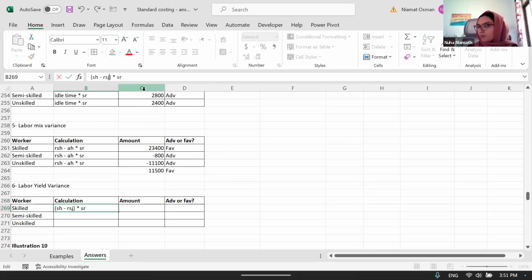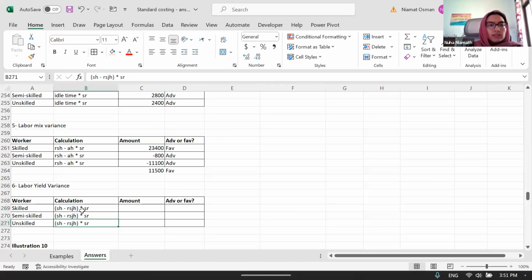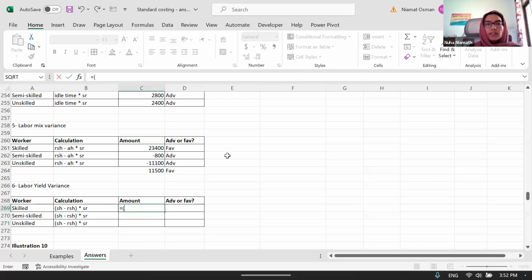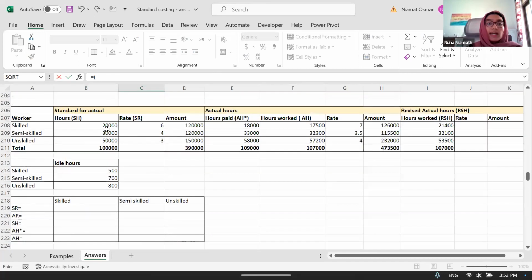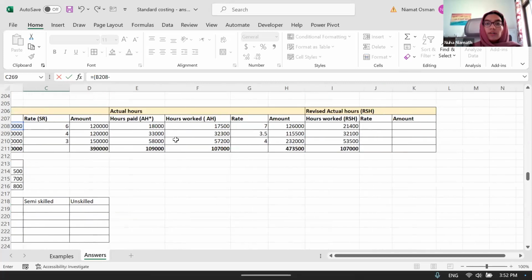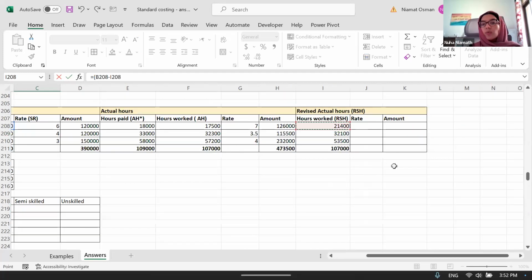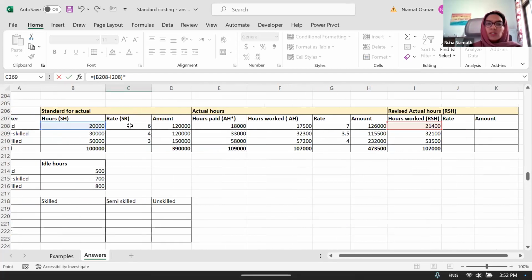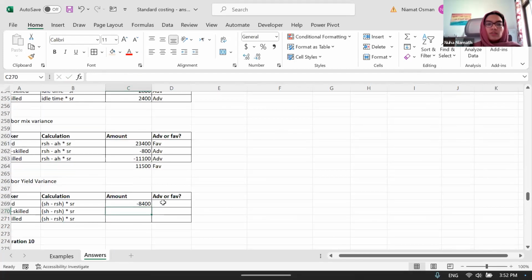Perfect, everybody. So let's look at that. So what is our standard hours? We should have been 20,000. But what did we do when we revised, 21,000? We still used more. So it's an adverse situation.